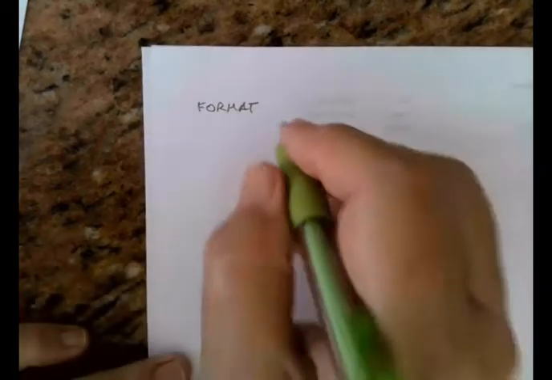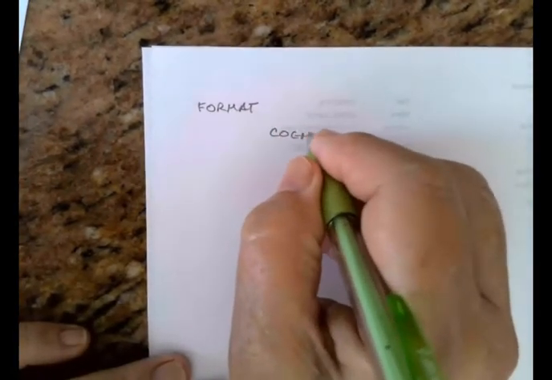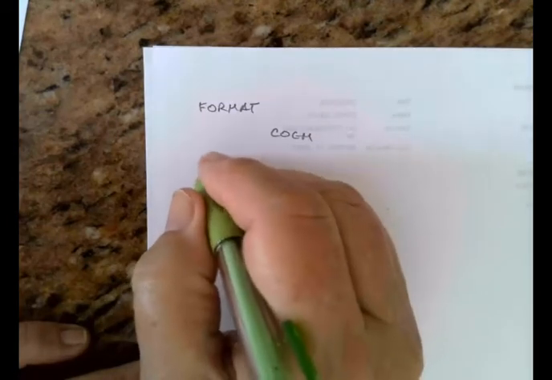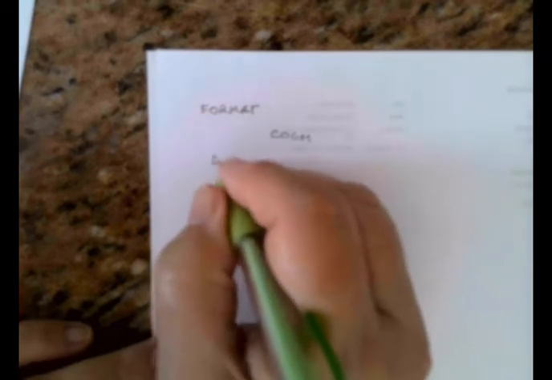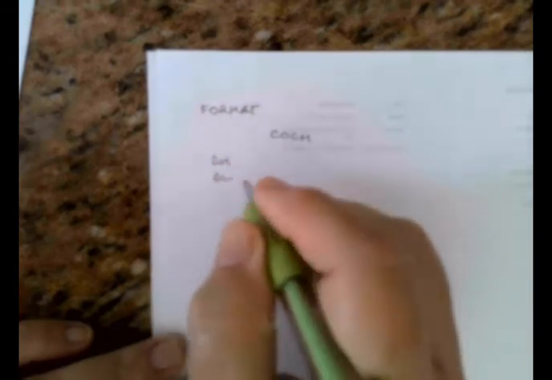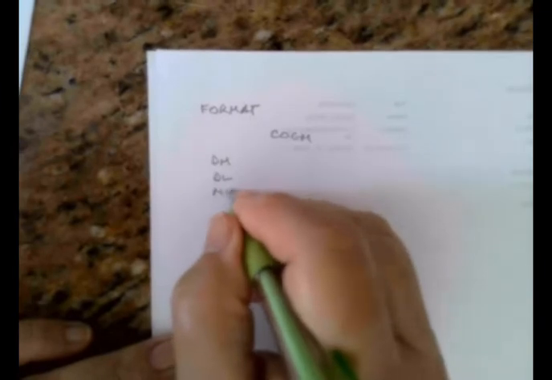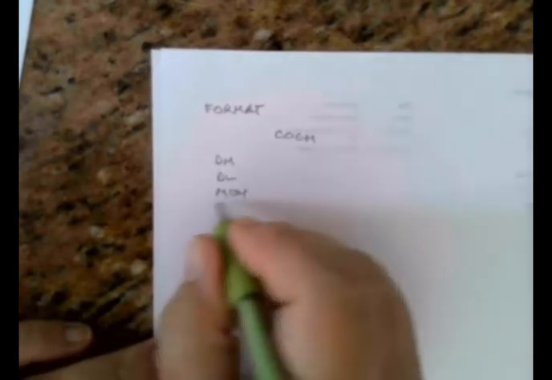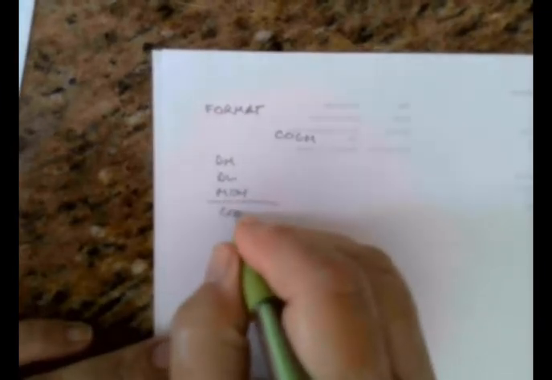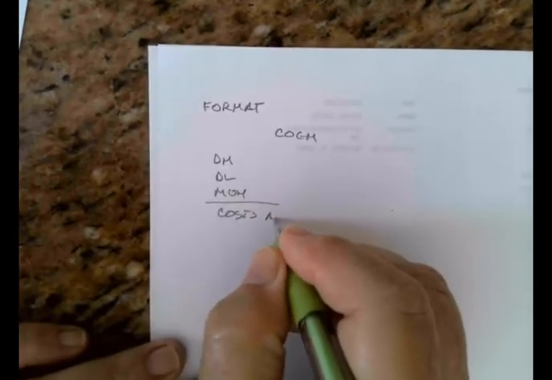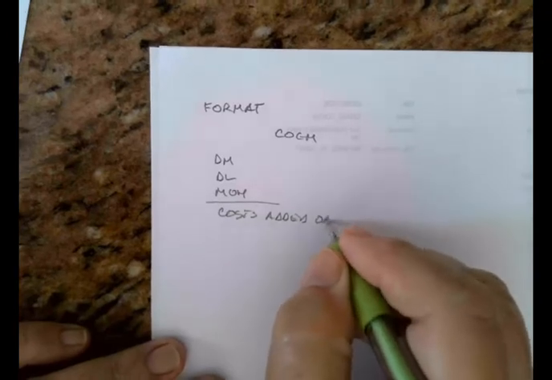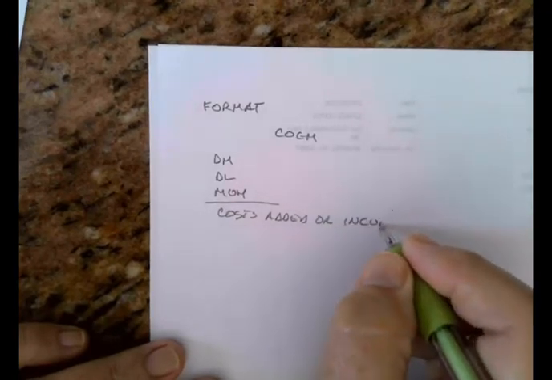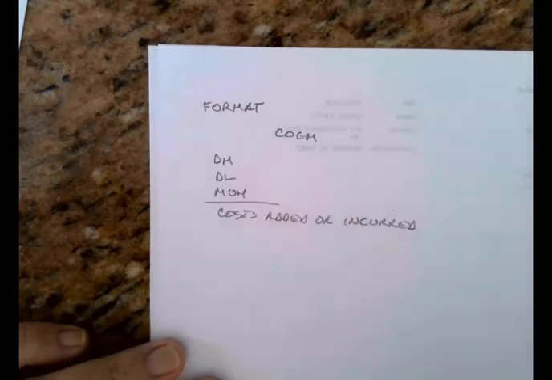For your format, you want to think of cost of goods manufactured. And what you have is, first of all, everything that's been added to the system first. So we added direct materials, direct labor, and then some manufacturing overhead. You can call this costs added. Because the hardest thing sometimes for me on these problems, costs added or incurred, is knowing what label to use on a statement.